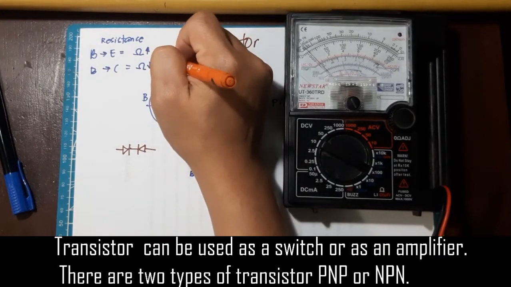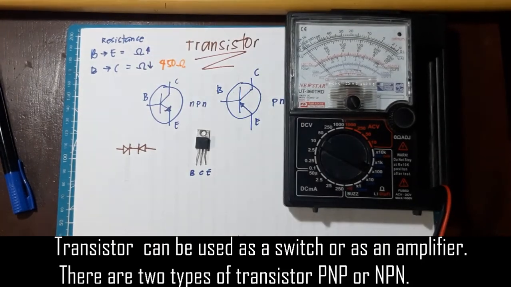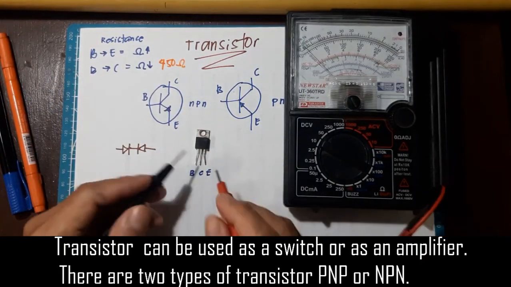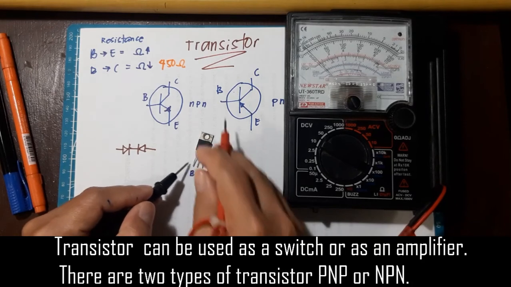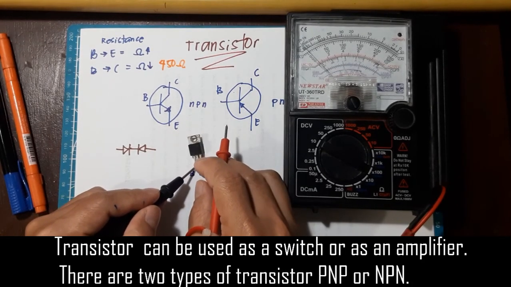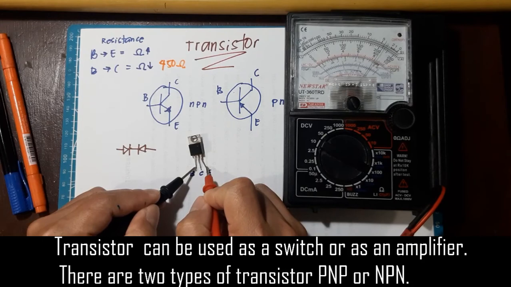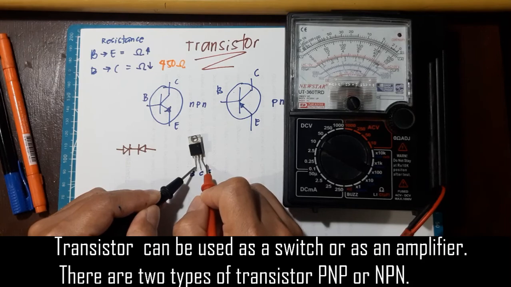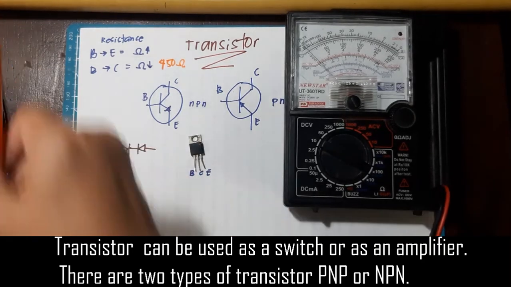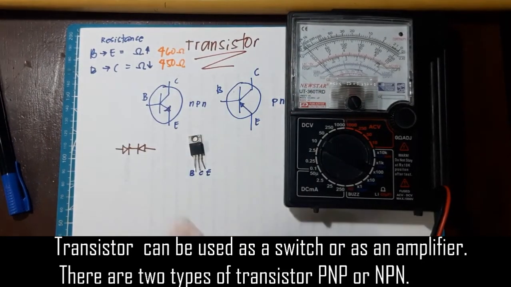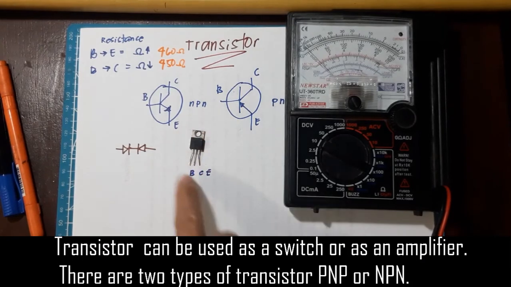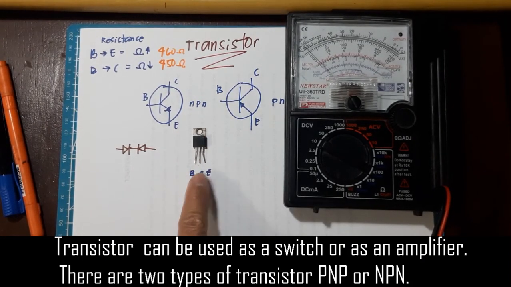The other one is somehow like 460 ohms. So we can say that this is now my base, collector, and emitter.